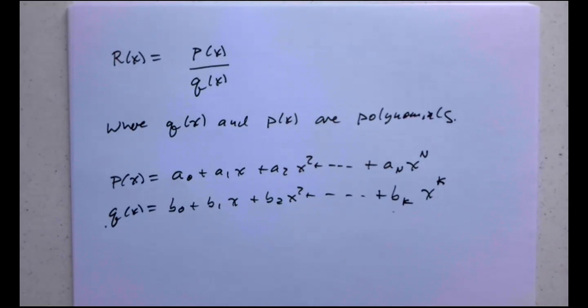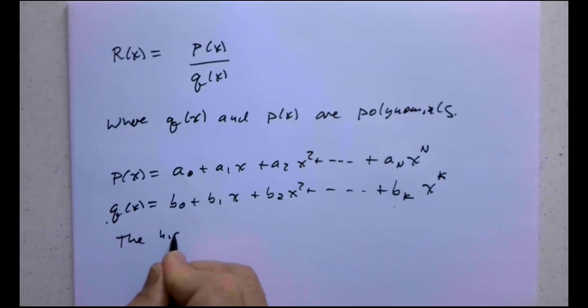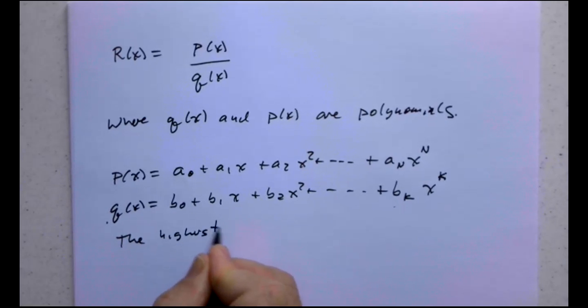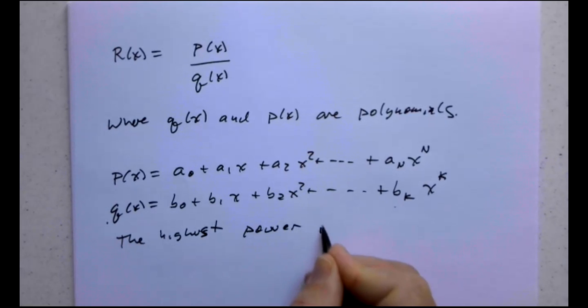So the highest power of the top is n, the highest power of the bottom is k. That's called the degree. So the highest power is the degree of the polynomial.